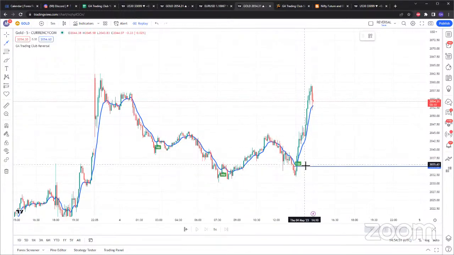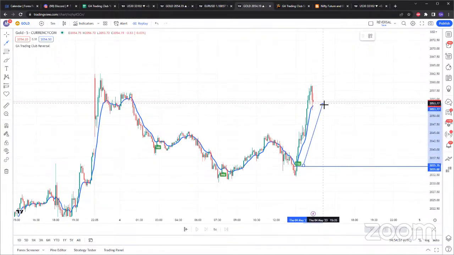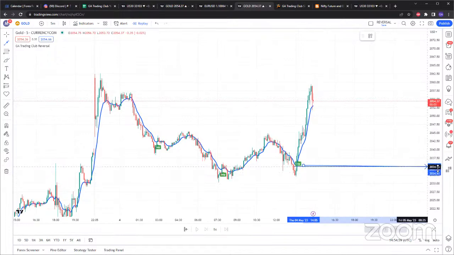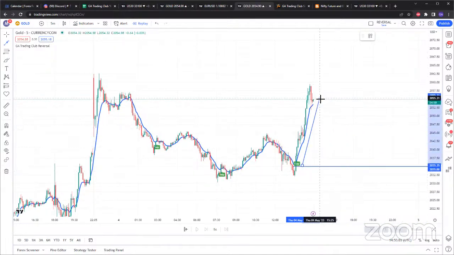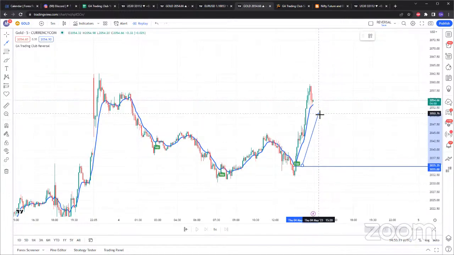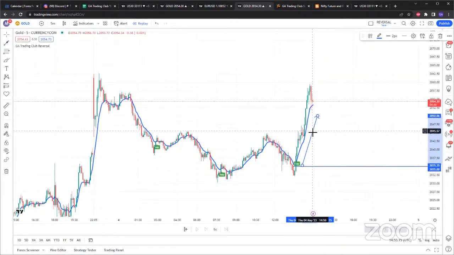So scratch that: US30 is at least a 500 pip move for a trend, and on gold it is a 150 pip move. So this is 2035 plus 15, which is 2050. So 2050 is right here. Perfect. I'll just leave it there.